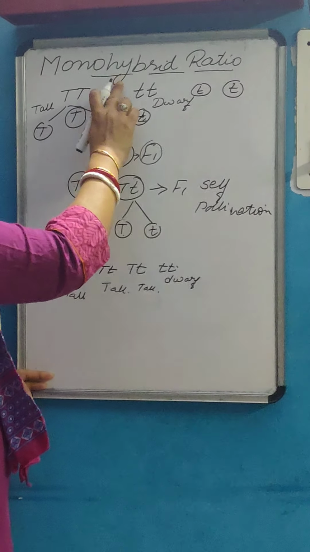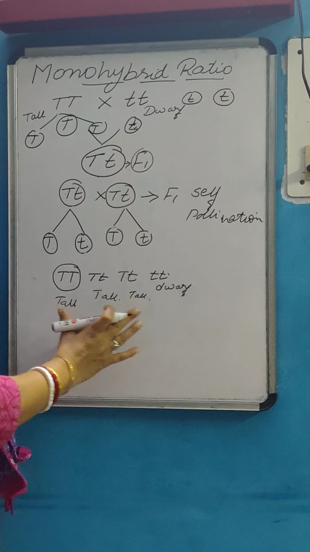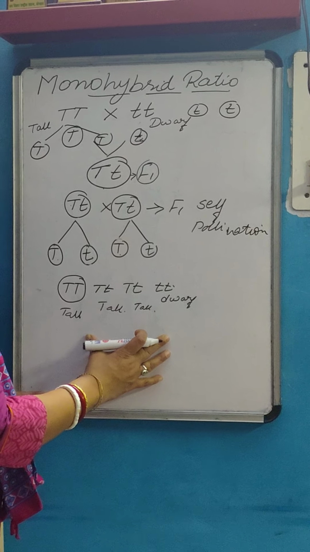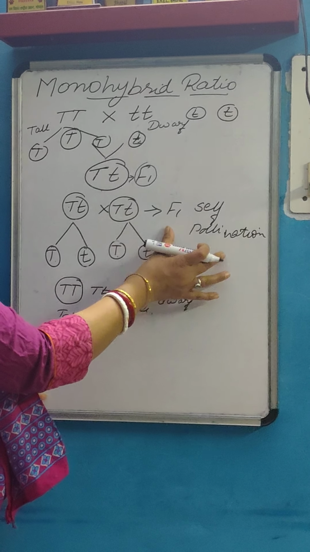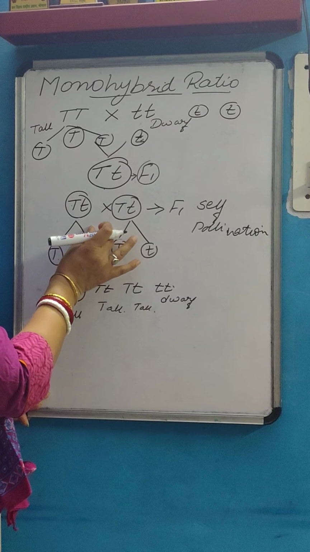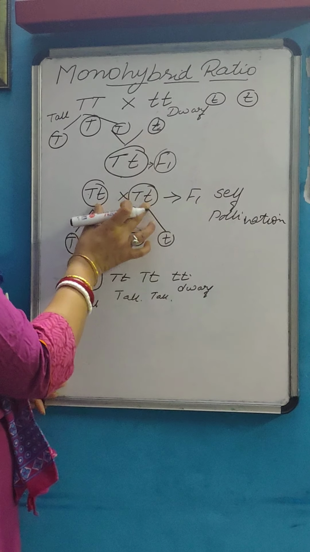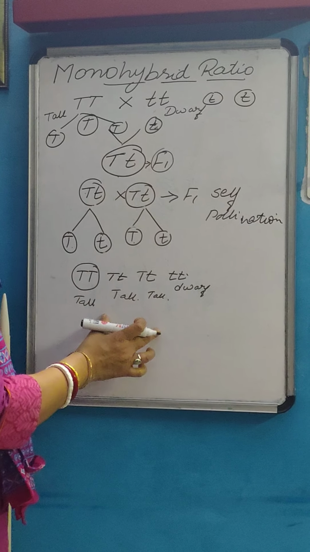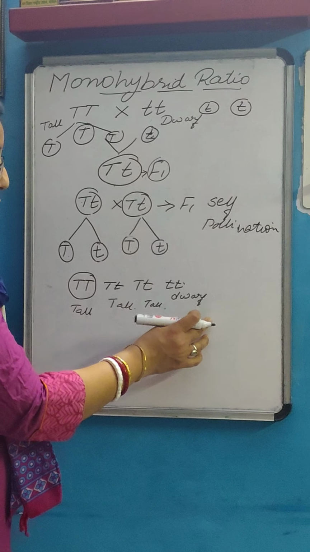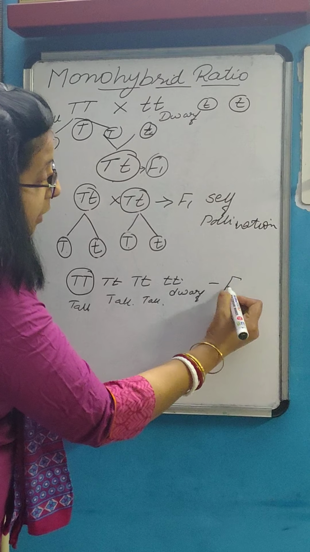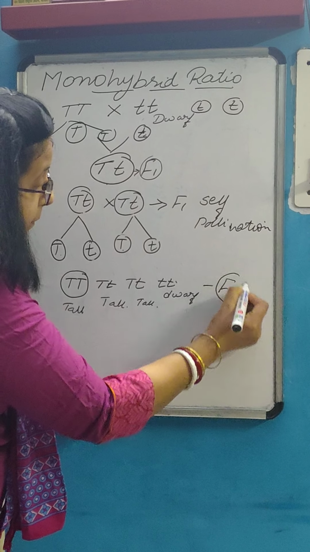Now what do we understand by this monohybrid ratio? We should give the ratio of the plants obtained after self-pollination of the F1 generation. After we self-pollinate the F1 generation plants, what result we are getting, we have to represent it in the form of a ratio. These are the F2 generation plants.